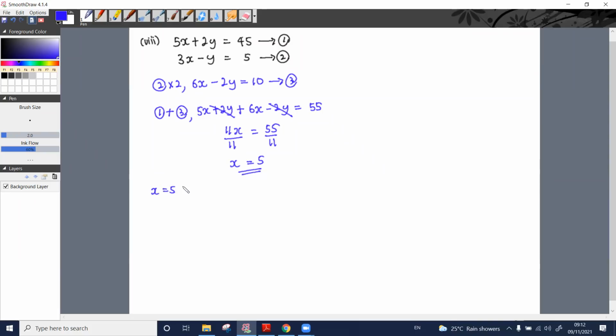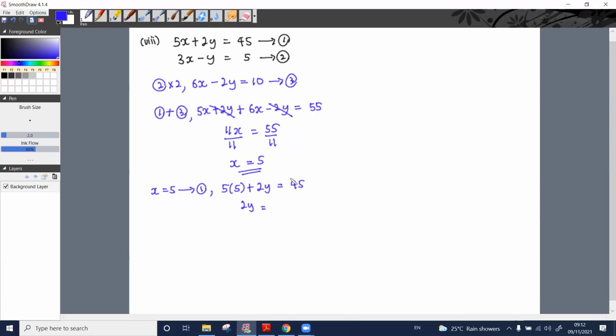X equals 5, you can substitute into one of the given equations. So I will substitute it into equation number 1. Instead of x, I am going to use 5: 5 into 5 plus 2y equals 45. 5 into 5, 25. Take that 25 to the other side.